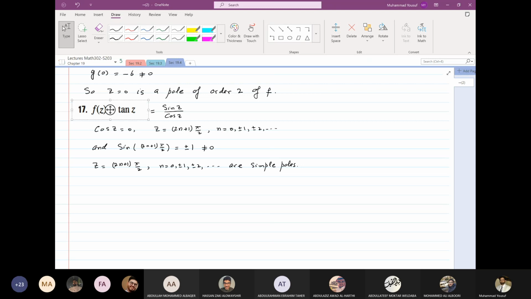We have some other functions. You try to solve them. I have done so many questions here to show you their poles, their zeros, and you can do maybe more.